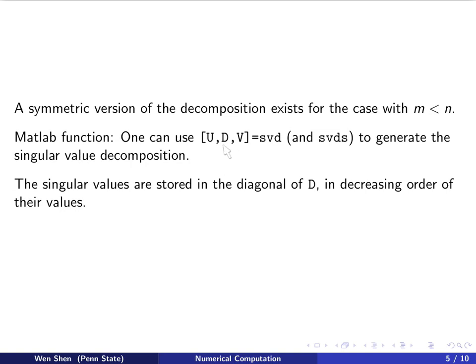I encourage you to use the tutorial of Matlab and see more detailed options for these functions. So here the singular values will be stored in this diagonal matrix D in decreasing order of their values.